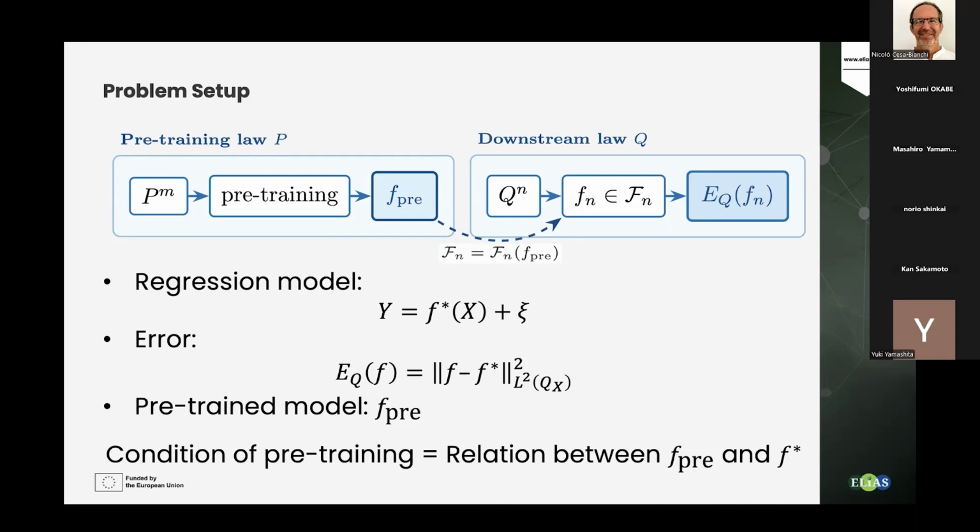Then, what I mean by the condition on the pre-training. Here we are thinking of the relationship between the pre-trained model and the underlying regression function.